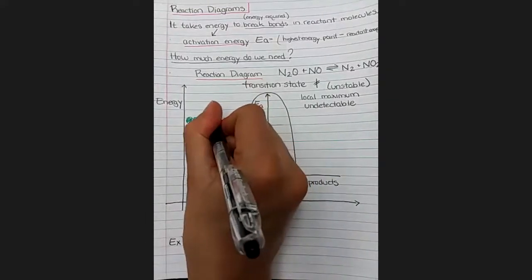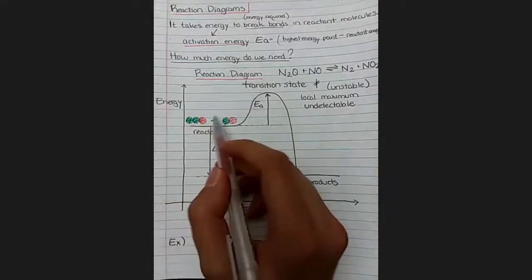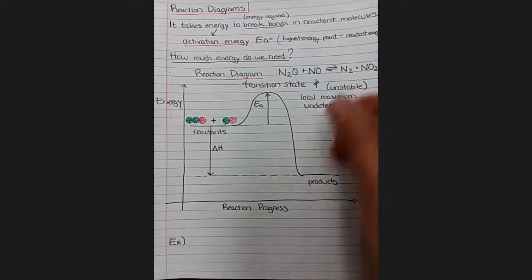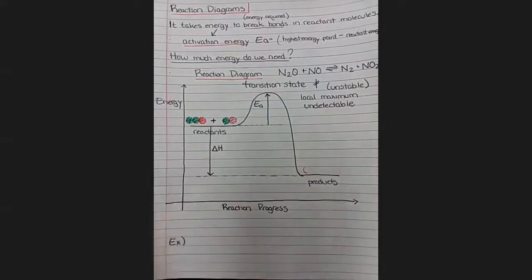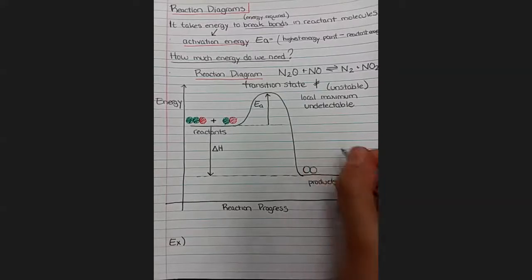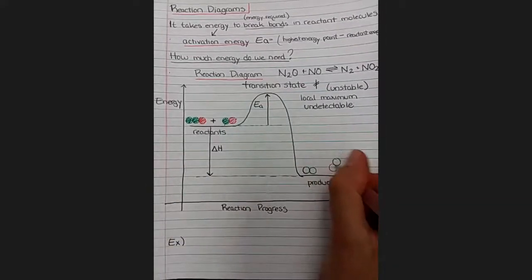And we'll write a plus since those are both present and they're not connected. So N2O and NO2 oriented in this particular way. And then over here in the products, we've got our N2, and then we've got our NO2 with the 2 oxygens attached.